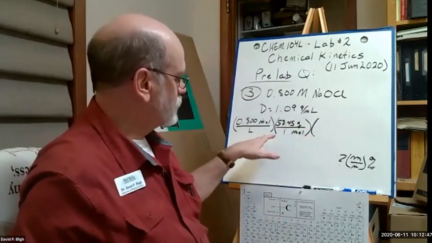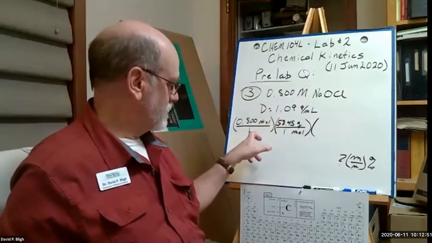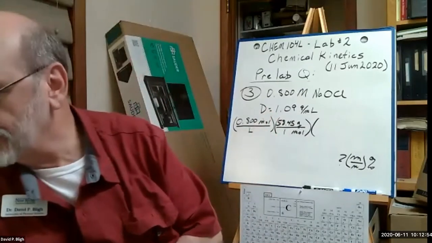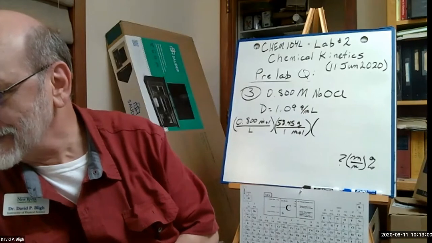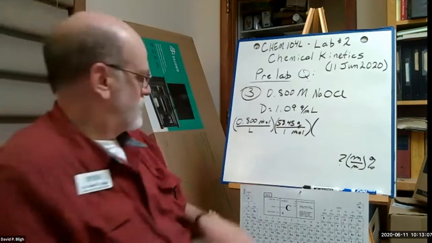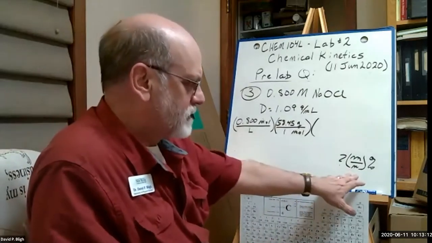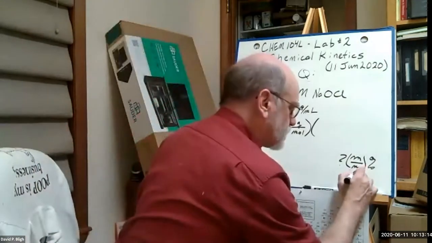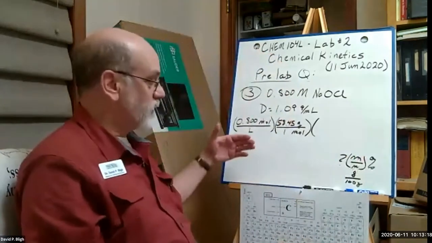Now we need to convert to grams for a liter. If we want percent, then we want grams per 100 grams, right? We want to end up with 100 grams in the denominator.